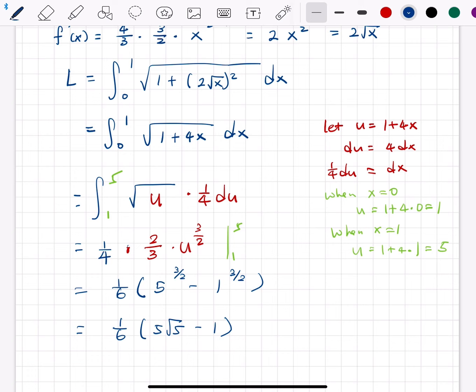If you want to change it to decimals, 1/6 times 5 square root of 5 minus 1 is approximately 1.697. But this one is easier to communicate.